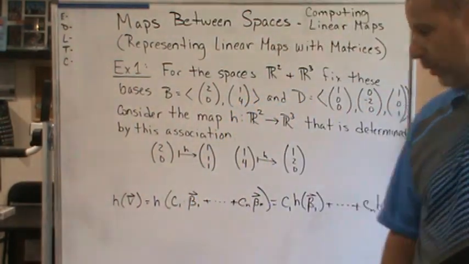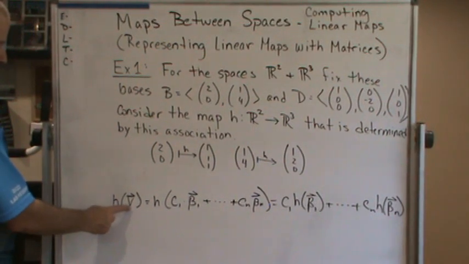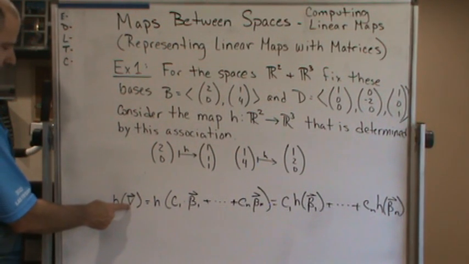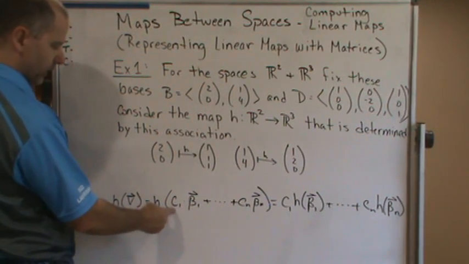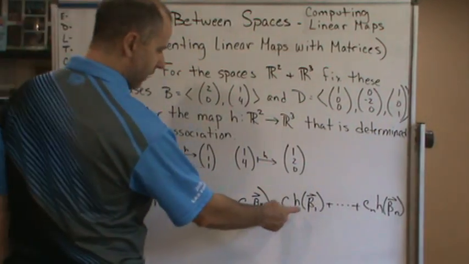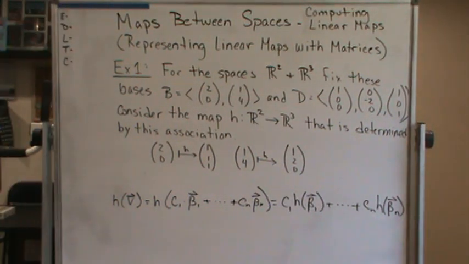We can take any vector and learn the action on it by looking at it as a linear combination of the basis vectors, and then looking at the action it takes on each of the basis vectors will tell us what kind of action it has on any vector in the domain.